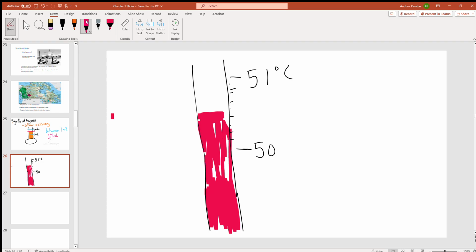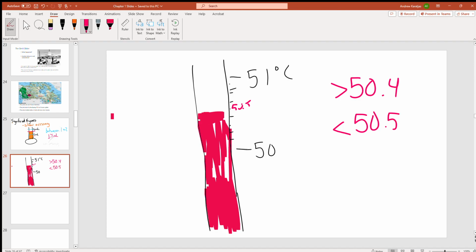And so it'd be 50.1, 50.2, 50.3, 50.4, and this one, 50.5. So now we can see that the temperature in this thermometer is definitely higher than 50.4, but it's less than 50.5.